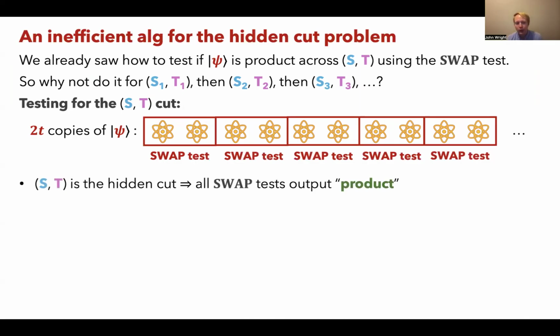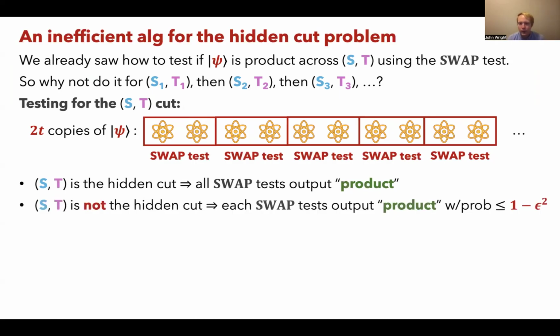And we know that if S comma T is indeed the hidden cut, then every swap test is going to output the word product. But on the other hand, if S comma T is not the hidden cut, then every swap test is going to output the word product with probability bounded away from 1, at most 1 minus epsilon squared.